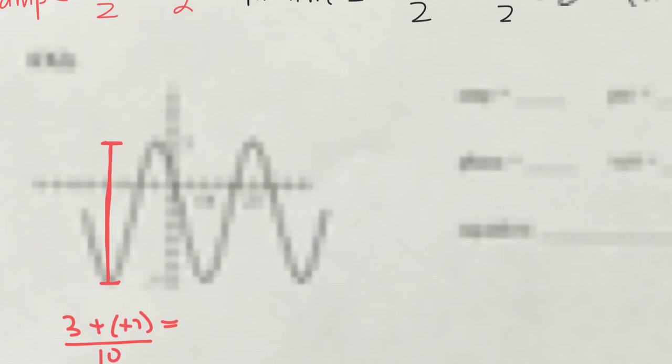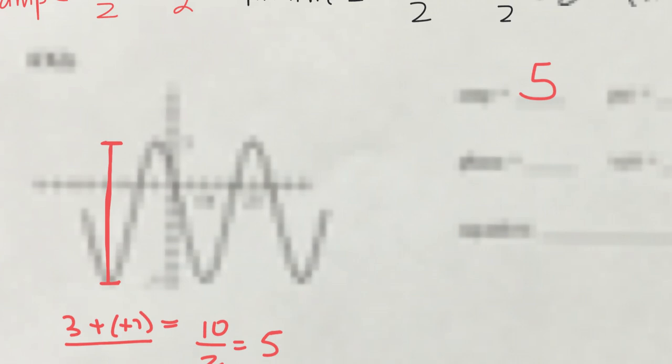Sorry, not divided by 10. What am I thinking? Divided by 2. So 3 plus 7 is 10. 10 divided by 2 is 5. So this graph has an amplitude of 5.